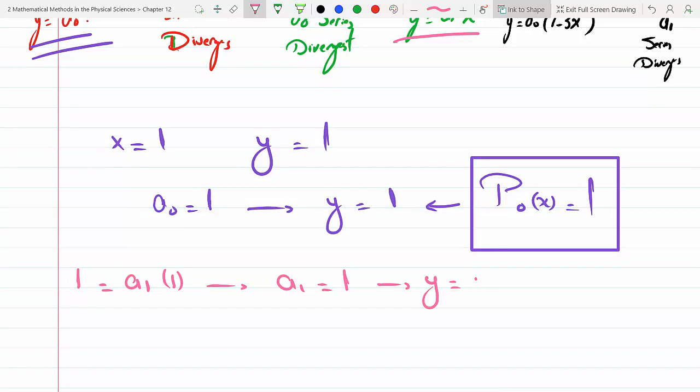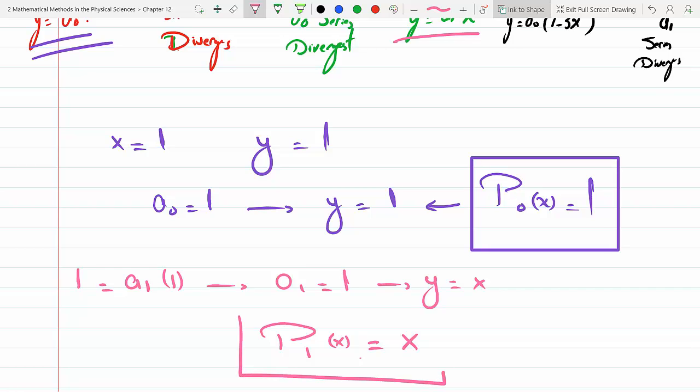This y equals x is the first Legendre polynomial. It's of degree 1. So this is p1 of x equals x.